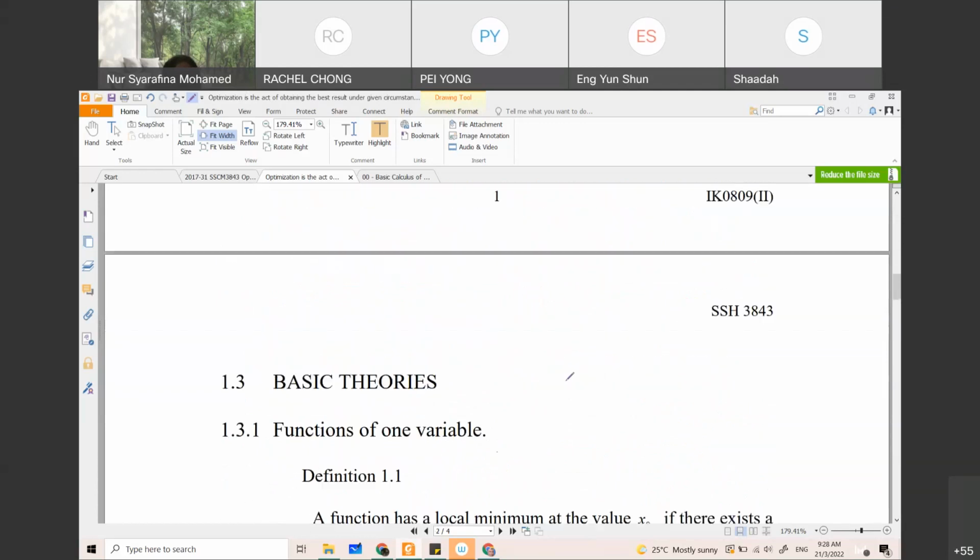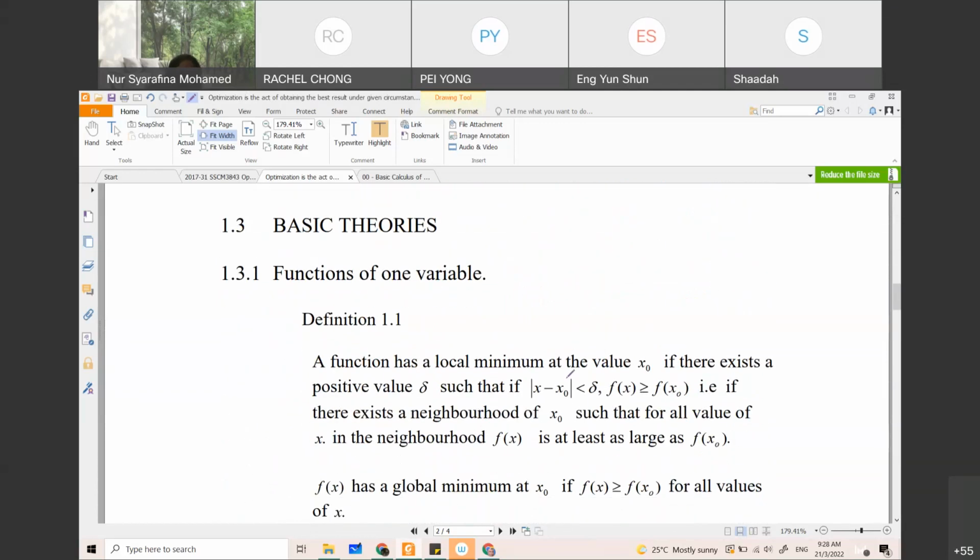A function has a local minimum at the value x0 if there exists a positive value delta such that |x - x0| < delta and f(x) ≥ f(x0).